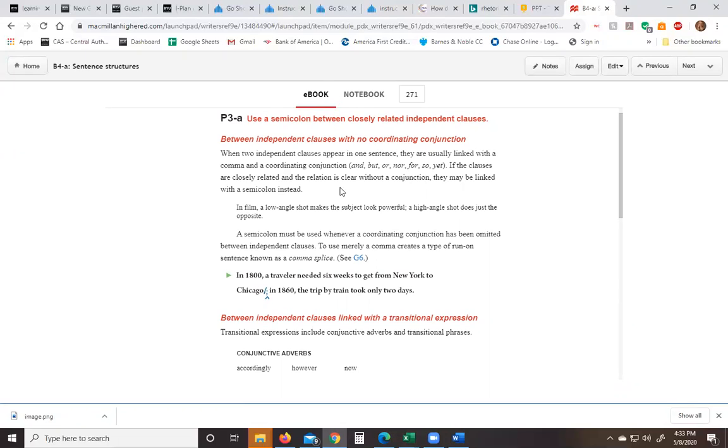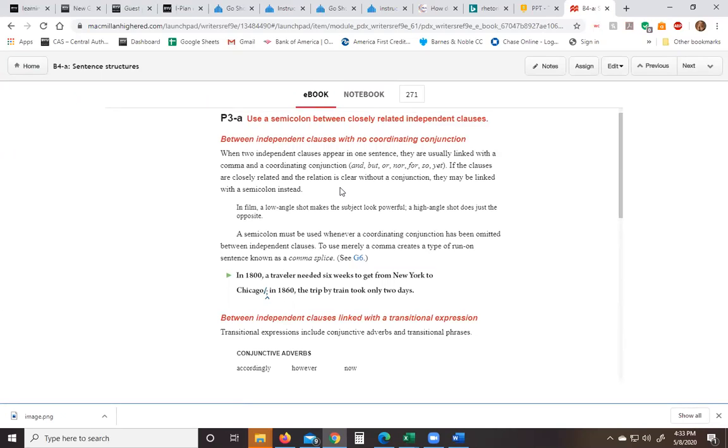And it says, use a semicolon between closely related independent clauses. Okay, so how this one works is when two independent clauses appear in one sentence, they're usually linked with the comma and the coordinating conjunction because we want to create that kind of connection. But if the clauses are closely related and the relation is clear without a conjunction, they can be linked with a semicolon instead. And they have the example right here.